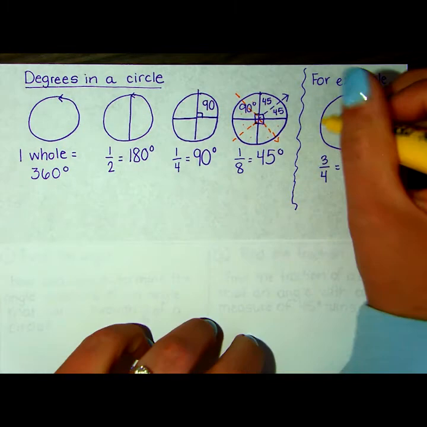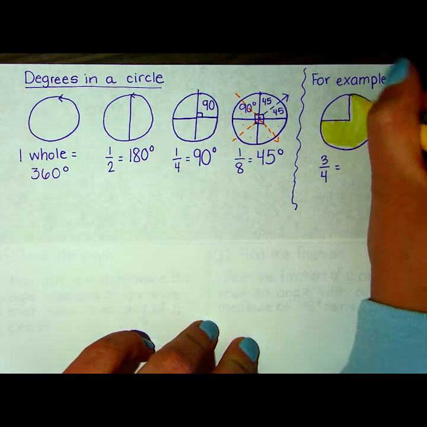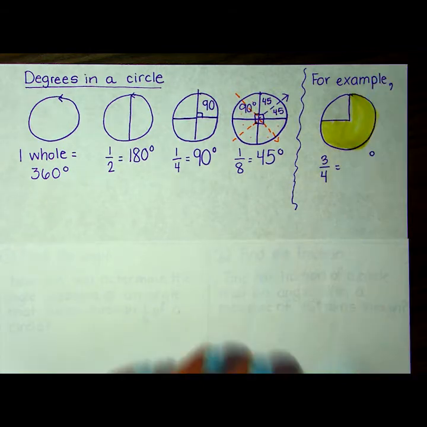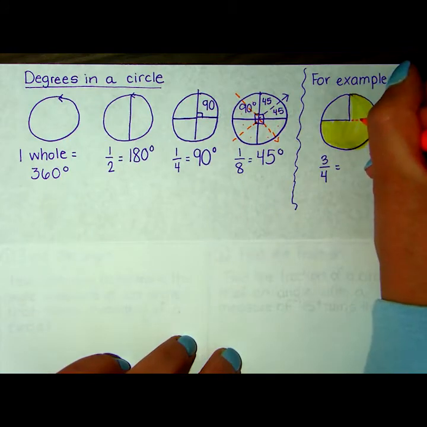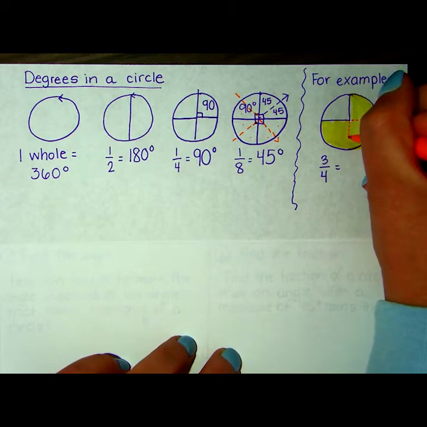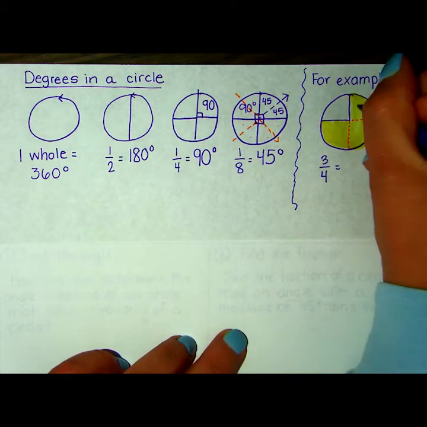Well, 3/4 would be referring to this area right here, meaning you cut your circle into 4 equal parts and you shade 3 of them. So now you have to visualize cutting into fourths, and the degree measurement of each of those fourths we know is 90 degrees.